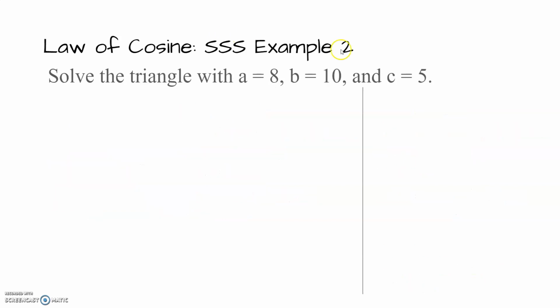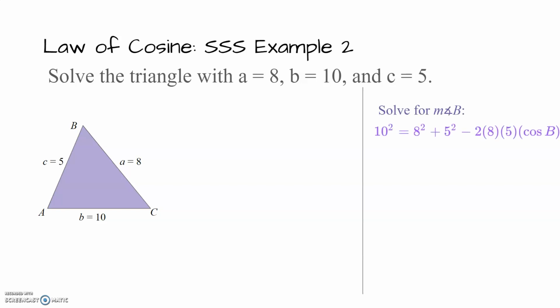So let's do just another quick example of that. A little bit faster, I'm going to click through this. So with triangle ABC, where the largest side is B, then we need to set up solving angle B first. And again, we're going to set b squared equals a squared plus c squared minus 2ac cosine b.